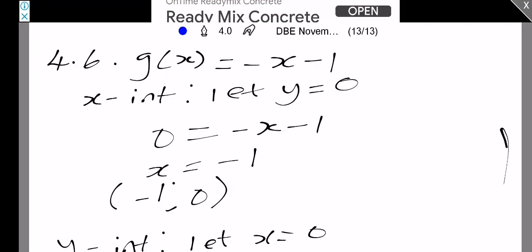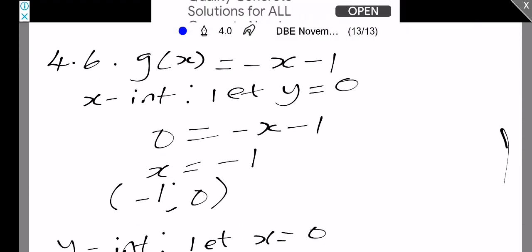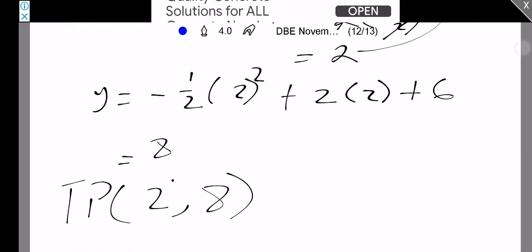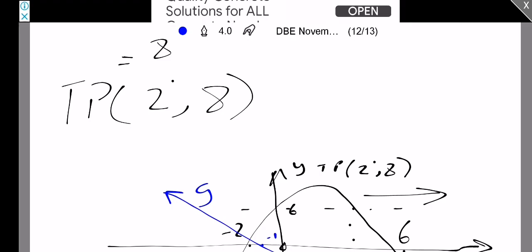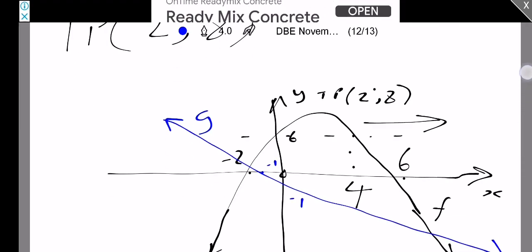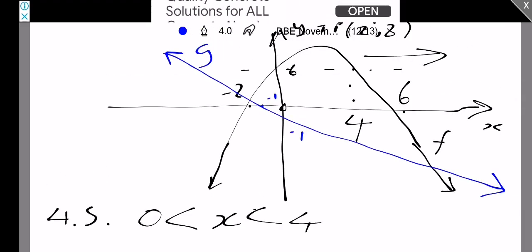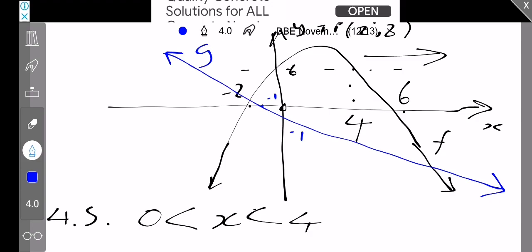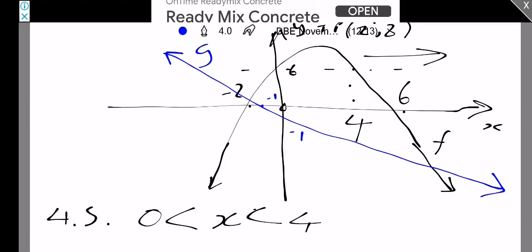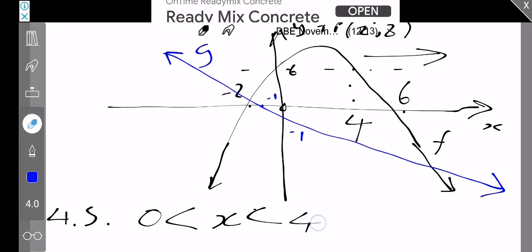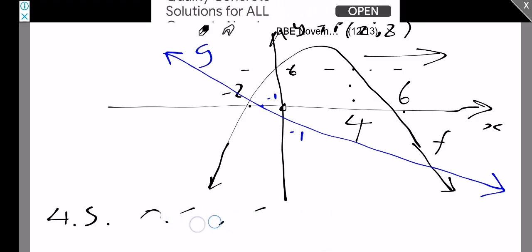Now guys, let's go back to the graph, and we don't have space. To create space, I'm just going to rub this off here. I'll write it on the next page.